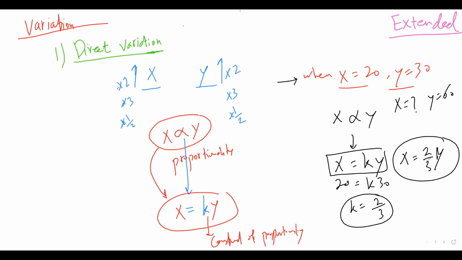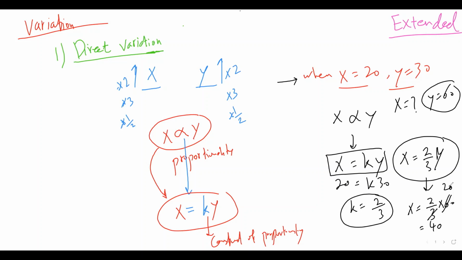Now that you have this formula, which shows the relation between X and Y, all you have to do is substitute Y and obtain the value for X on the left-hand side. So 2/3 times 60 gives me 40. That's how you solve a question regarding direct variation.